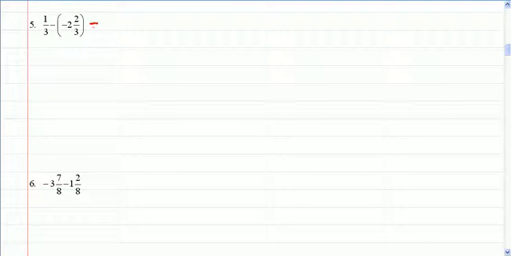For number 5, 1/3 minus a negative 2 2/3. So we have 1/3 minus, if we change negative 2 2/3 to an improper fraction, 2 times 3 is 6, plus 2 is 8, so we have 1/3 minus negative 8/3. The denominators are the same, 1 minus negative 8 over 3.